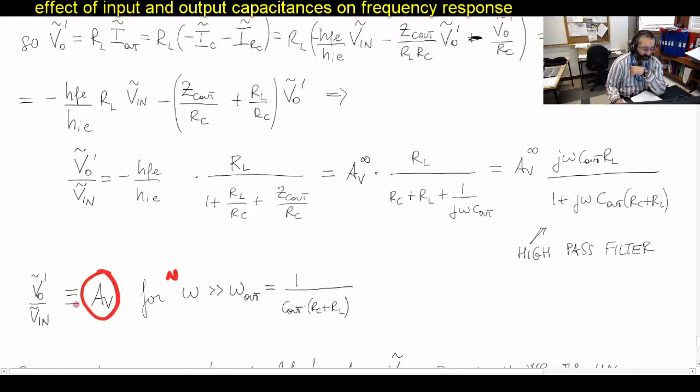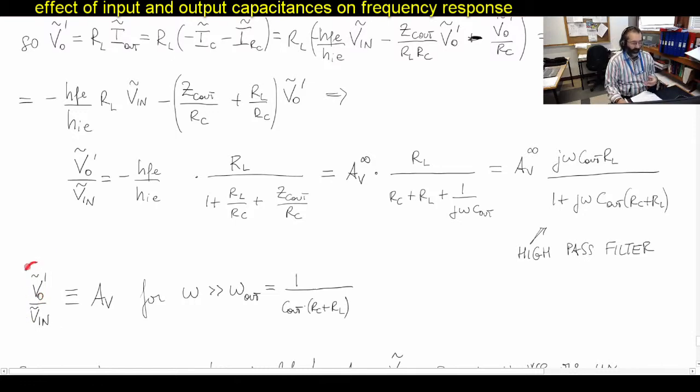So basically AV is the quantity, the amplification that we would have expected when C out was negligible. And we are comparing it with the amplification when C out is now being taken into account.